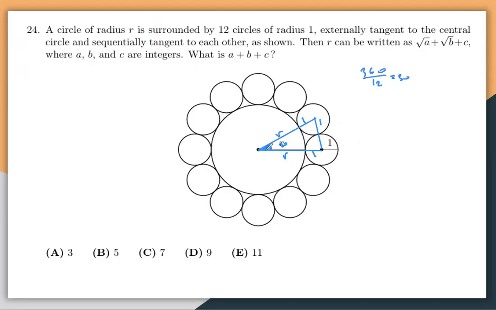Since we have a triangle, we have almost everything except the R. That's what we are interested in, but we have an angle, which is a job for the law of cosines. So if I take the square of the segment that is opposite 30 degrees, which is 2, that will be 2 squared, equal to the square of R plus 1.